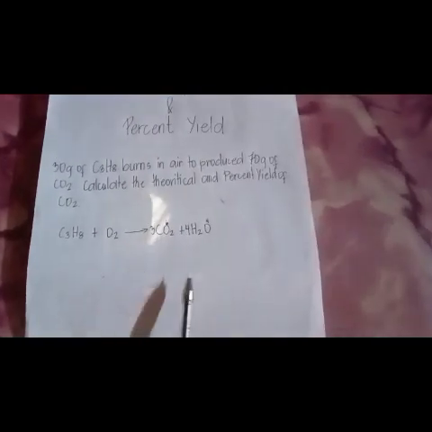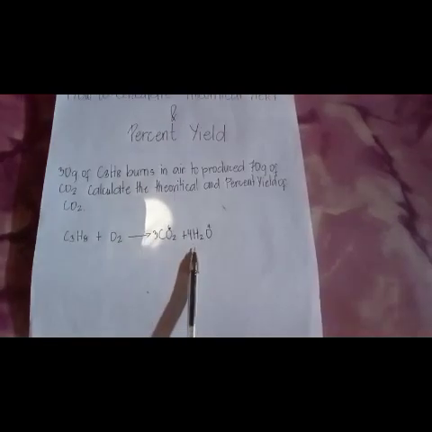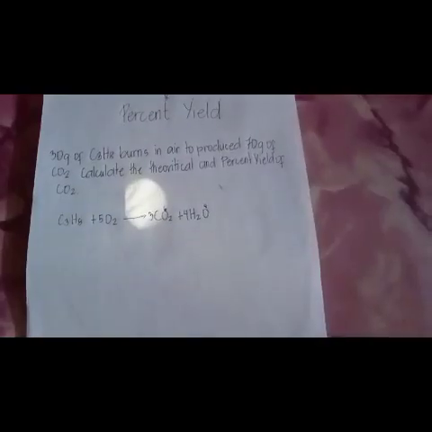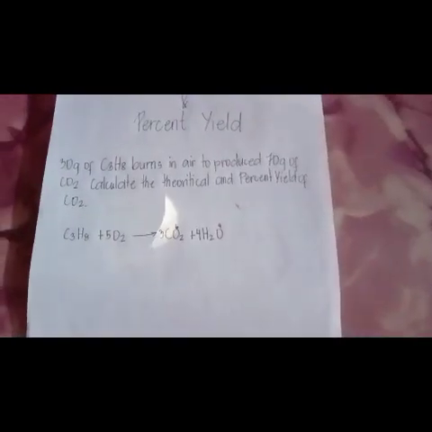Then 10 divided by 2 is 5. So we need to put a 5 in front of O2. So now the reaction is balanced.